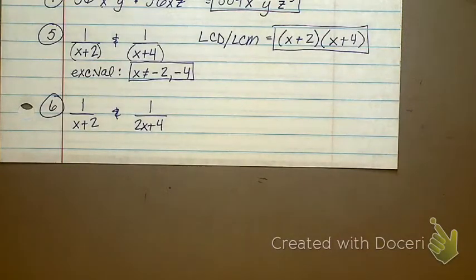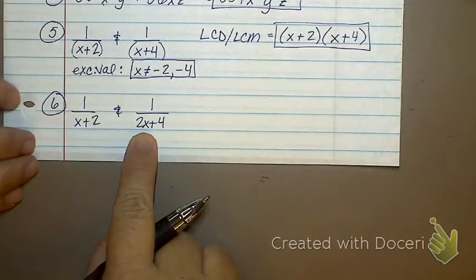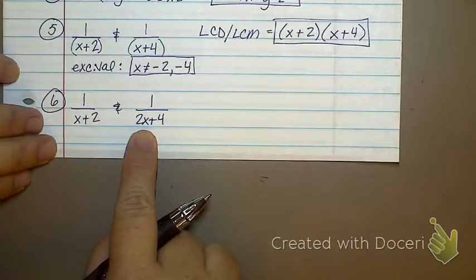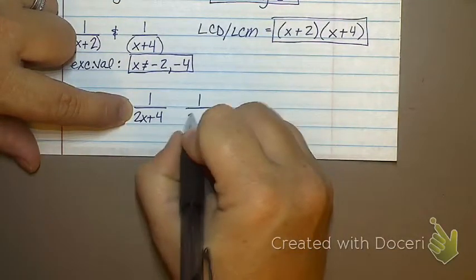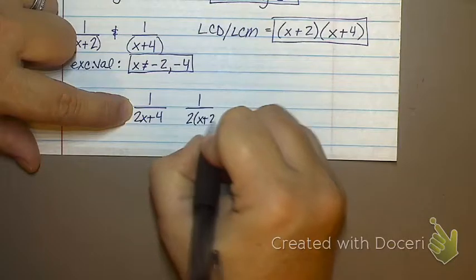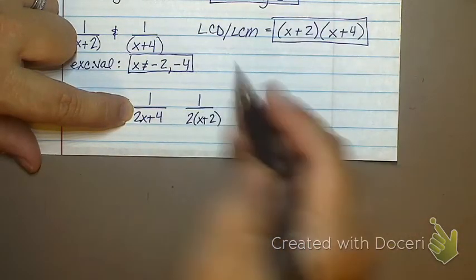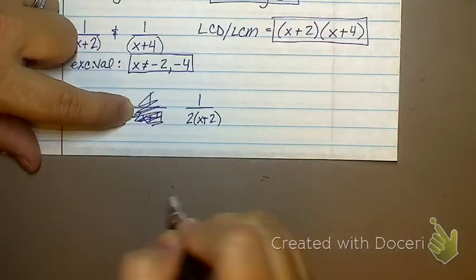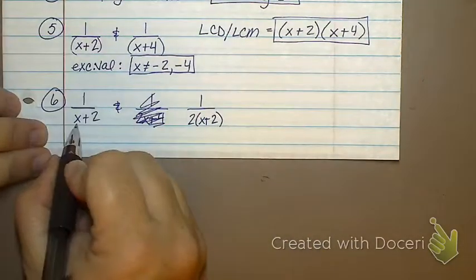What do you notice about this one? I can factor this denominator, can't I? So what if instead of calling this fraction this, what if I called it this? Does that mean the same thing? So let's look at the factored form of that fraction instead. So now, can x plus 2 be factored?